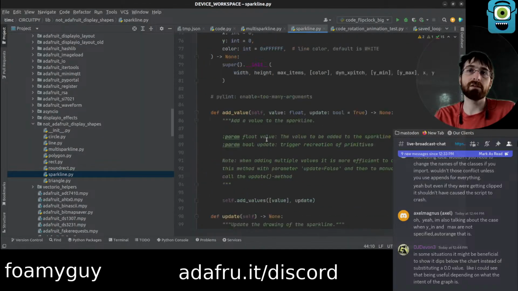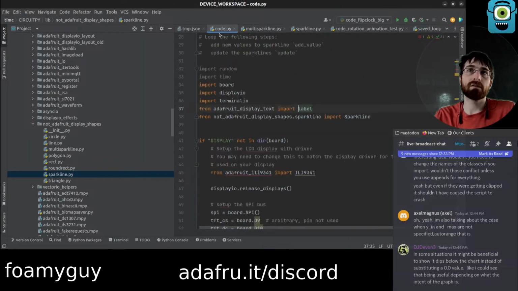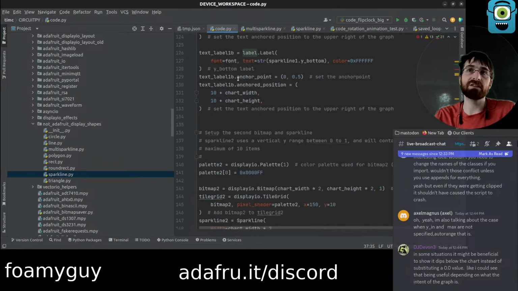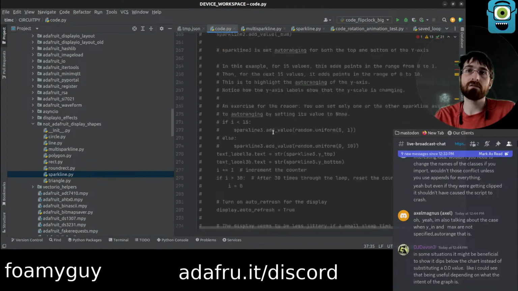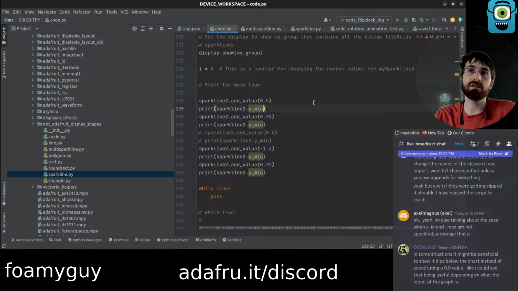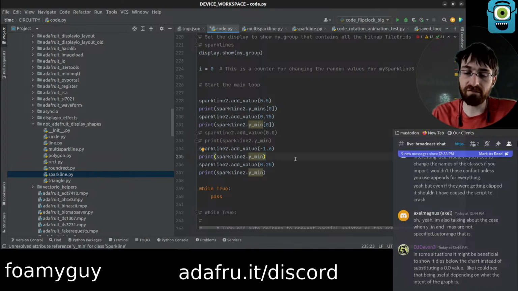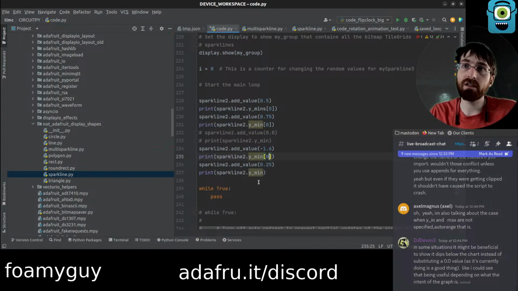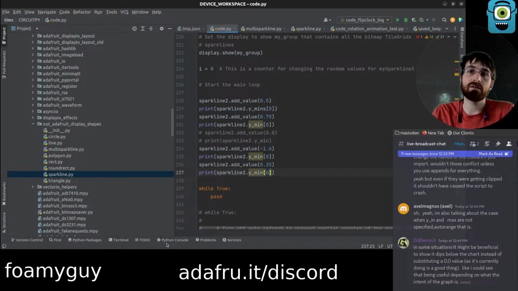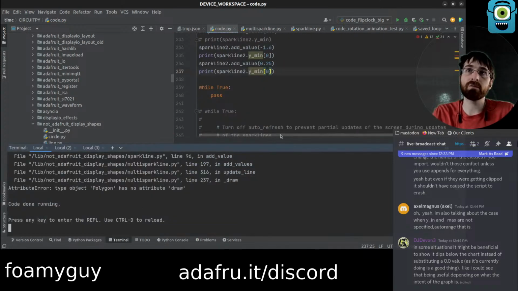Doesn't have ymin either. I think we could do ymins as a list and then get the first one. Might be nice to have that property back. That's another one of those where it was never coded as a property before, but it was put as a variable onto self and therefore kind of became a property. Was functionally a property, I suppose. Oh, you still fail again, though.